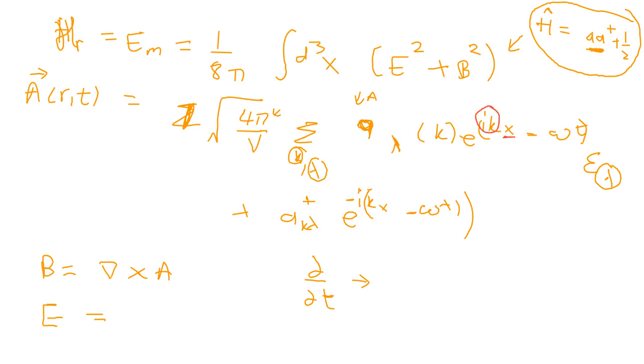So d over dt of e^{i(k x minus omega t)} brings down an i omega_k with a minus, and for the other exponential, the plus coming from there. And then once you take the curl, this probably just gives you k with an i.